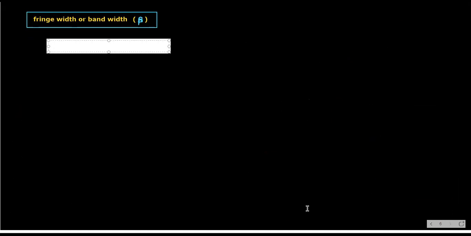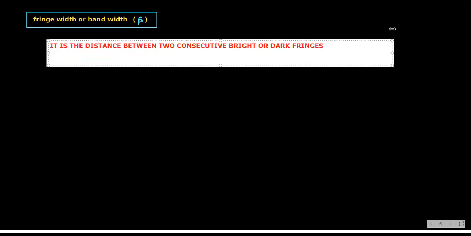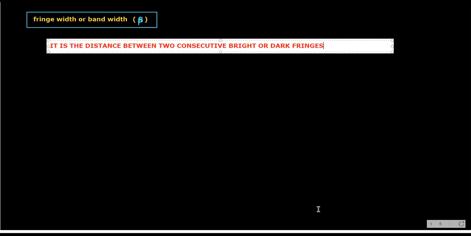So I am writing like this. It is the distance between two consecutive bright or dark fringes.